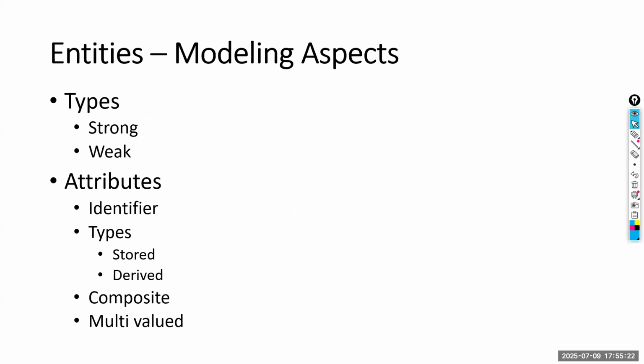So when it comes to entities, we are interested in what type of entity it is: a strong entity or a weak entity. Then we are interested in the attributes of that entity. And when it comes to attributes, we are interested whether it is an identifier attribute, a normal attribute that you can store, a derived attribute, a composite attribute, or a multivalued attribute. So that is related to entity.